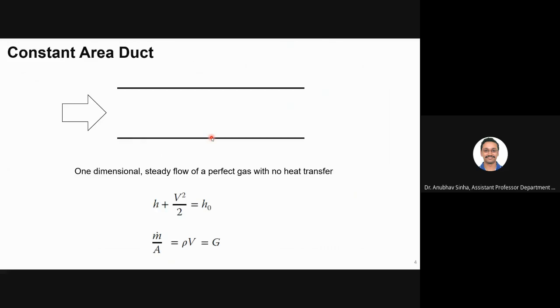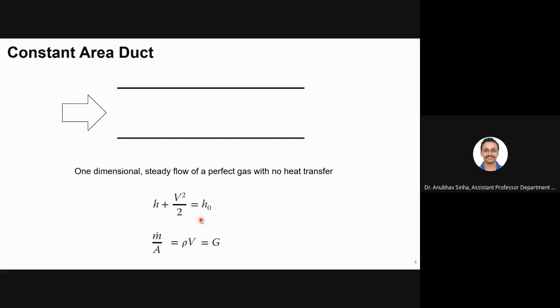Okay. So for an isentropic flow, let us begin with that. I can say that we have a stagnation enthalpy which can be related to the enthalpy at any point and the kinetic energy V square by 2. So this is what we have been studying all along. Now let us also talk about the mass flow rate.